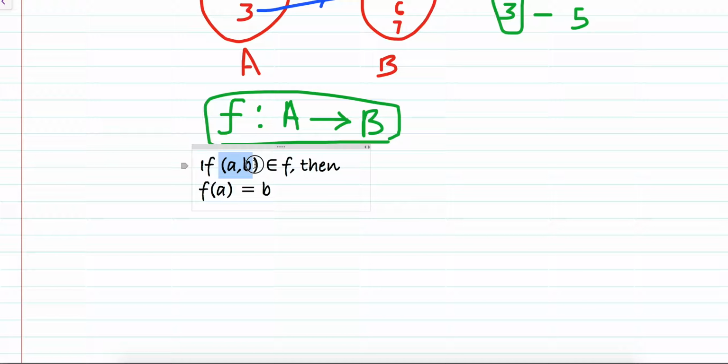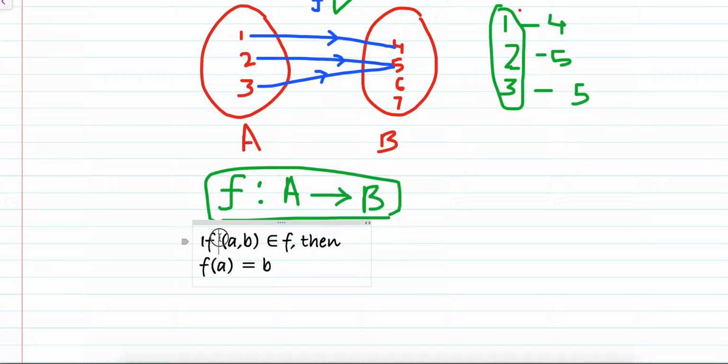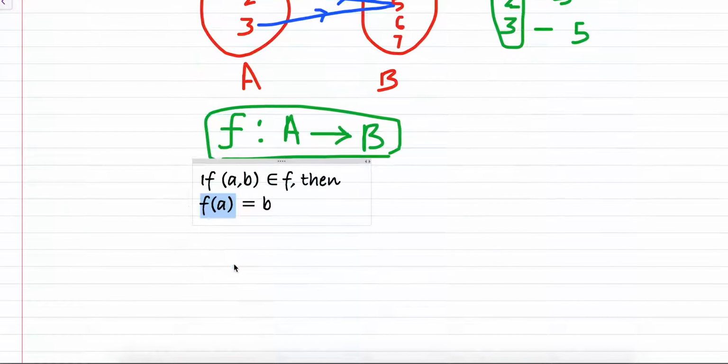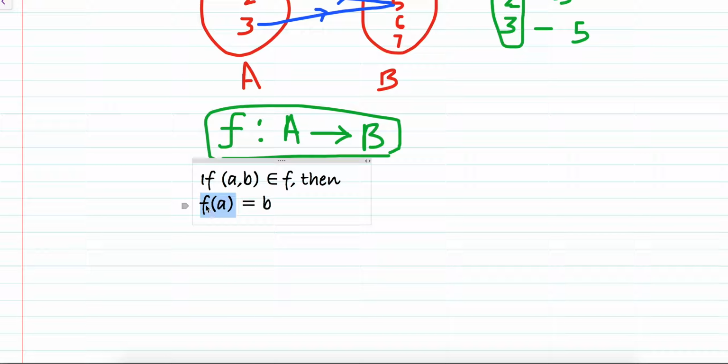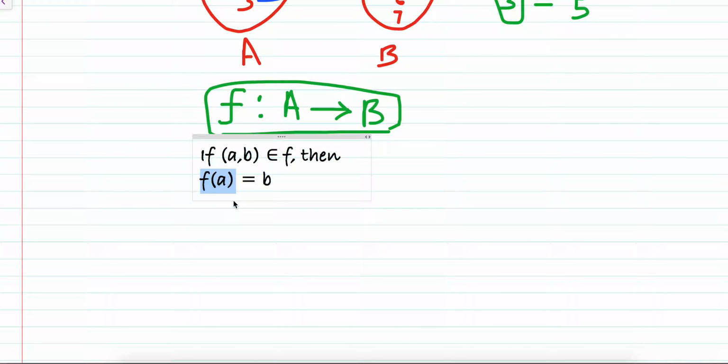So this (a, b) will form the pairs of f, and b is basically defined as a function of a. b is calculated using this f(a). So we can define this f(a) in many different ways. We will see this when we see more examples of functions.